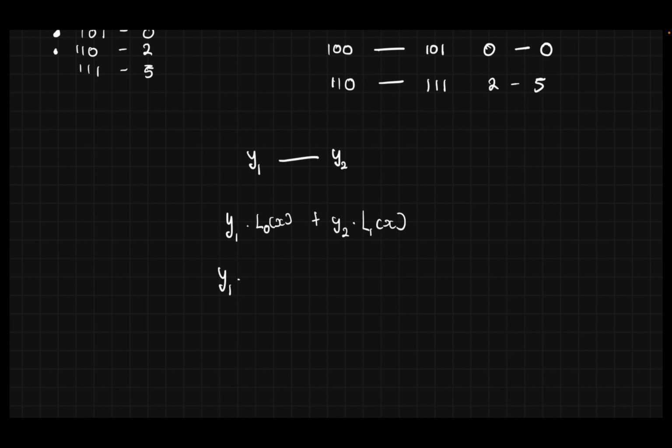So y1 times, what is now L0 of x? 1 minus, let's call it r rather than x. r is, let's say, when we're partially evaluating at c equals 3, r will be 3 in that case. So that will be 1 minus r, plus y2 times r.